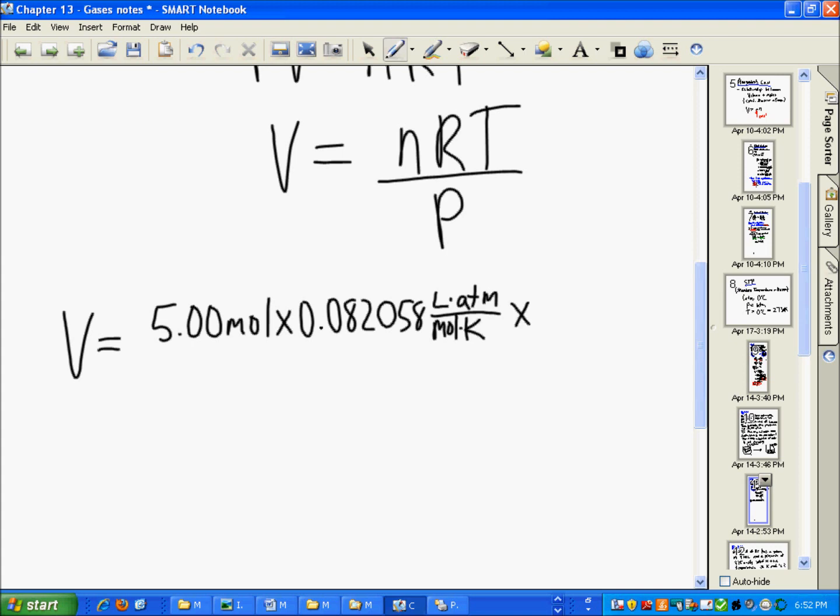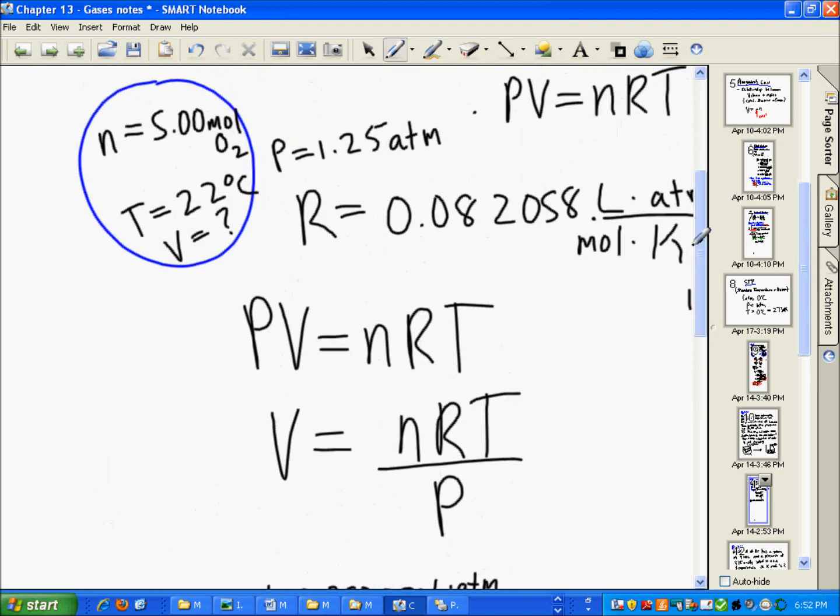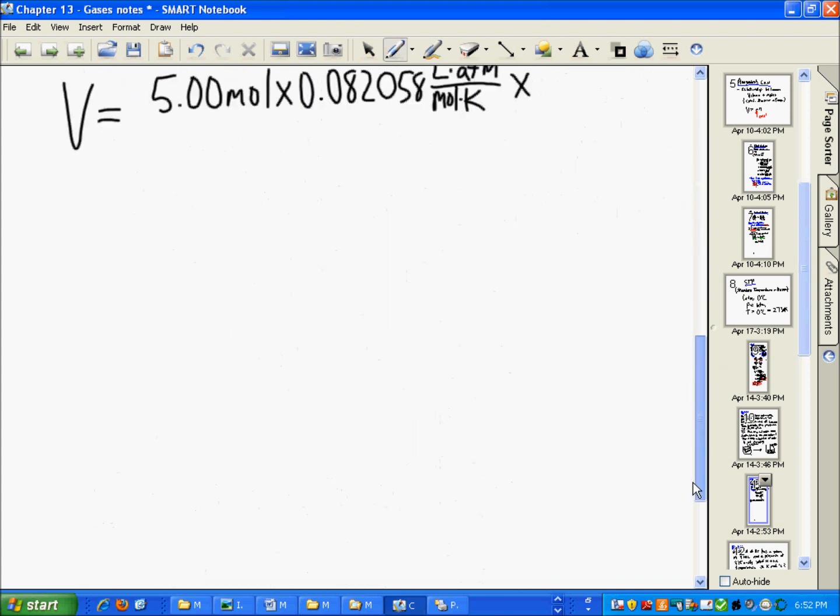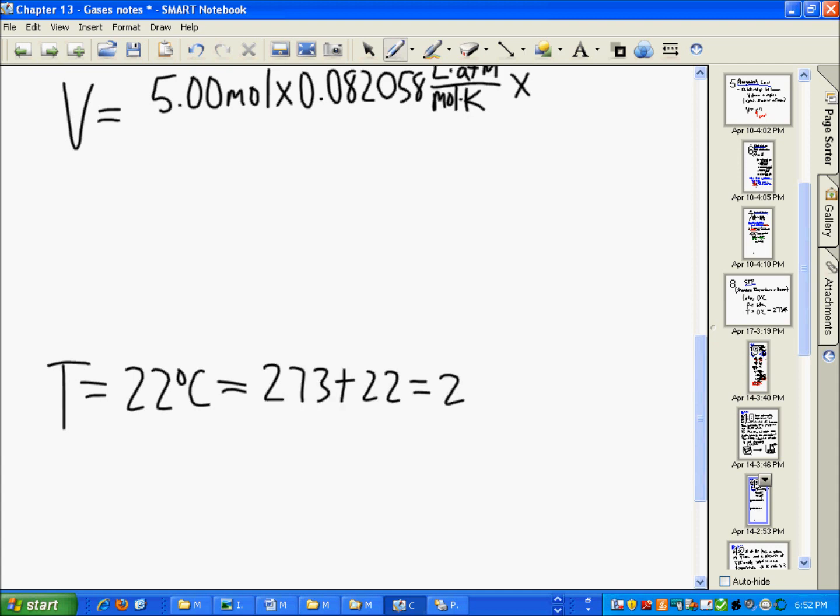And what do we need to do with the temperature? Change to kelvins. So 22 degrees Celsius is going to be equal to 295, and so it's 273 plus 22 equals 295 kelvins.